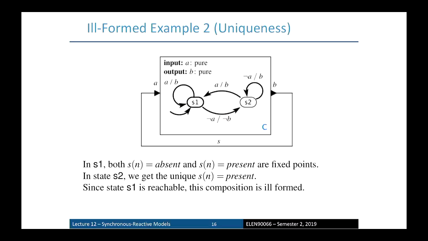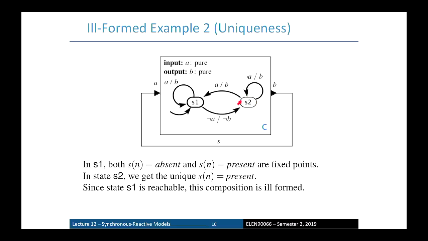And if this is present, then you also get a fixed point where you're doing this and you're not contradicting that transition there either. So equally, in S1, you've got two valid fixed points where the output is present or absent. So you have no idea what it is. It's one or the other. You can't determine which one, so it's not unique.